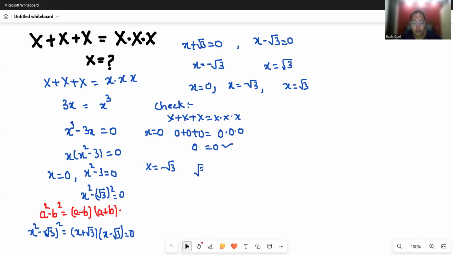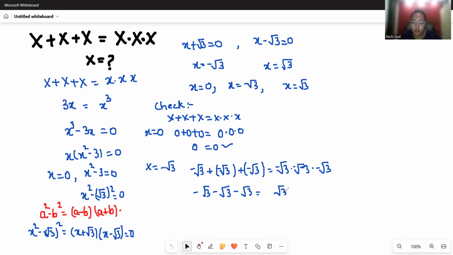Now x equal negative root 3. So it's negative root 3 plus negative root 3 plus negative root 3 equal negative root 3 times negative root 3 times negative root 3. So it becomes negative 3 root 3 equal.